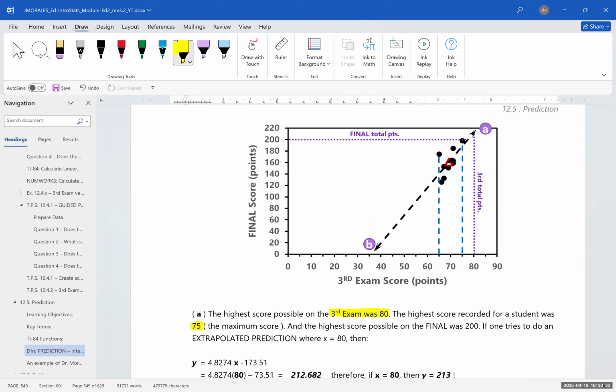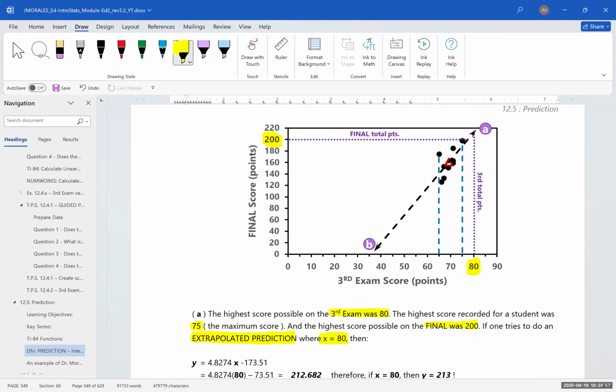And the highest score possible on the final is 200. If one tries to do an extrapolated prediction, so an extrapolated prediction where x is equal to 80.